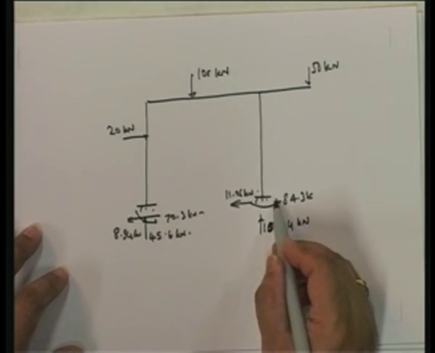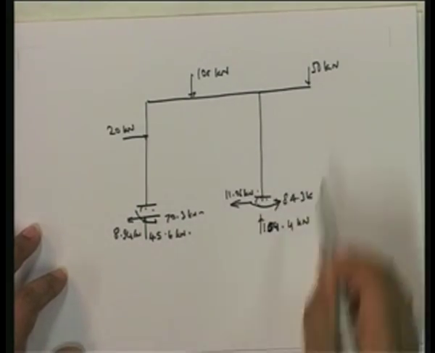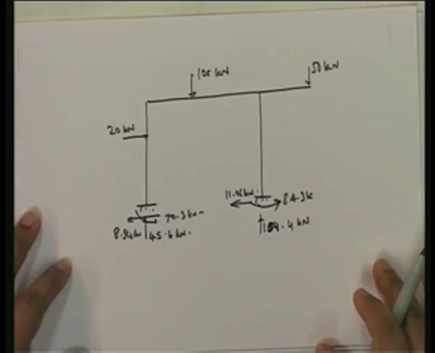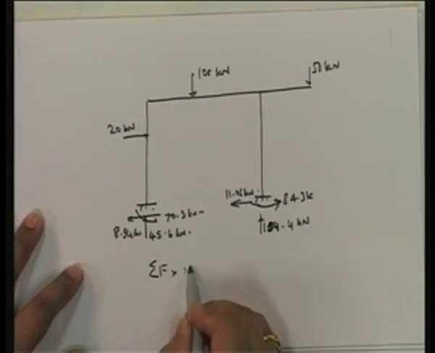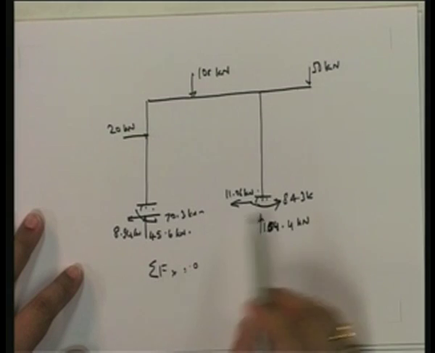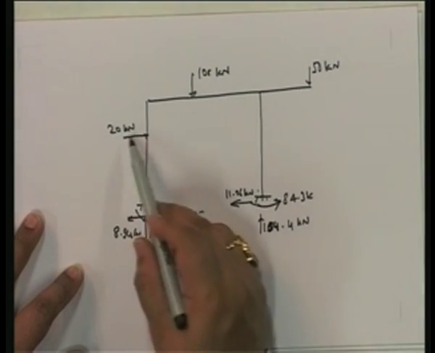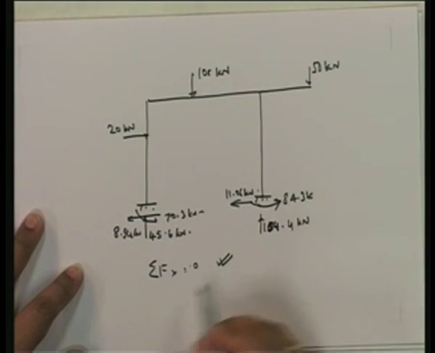And ultimately, if you look at the total, sigma Fx equal to 0, you will see 8.94 plus 11.06 minus 20, it is checked.